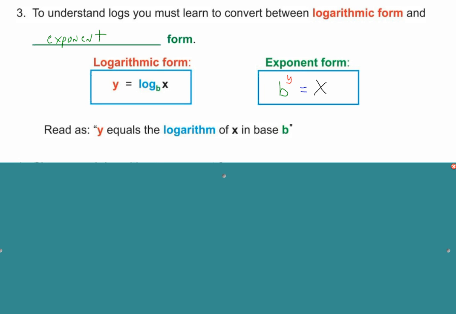Logarithmic form, exponent form. And you have to be able to go between both. You should be able to switch things in exponent form to logarithmic form and things in logarithmic form to exponent form. That's really what today's lesson focuses on, because this is the foundation of understanding and doing all logarithms. Exponent form we understand, we've been dealing with it since pre-algebra.